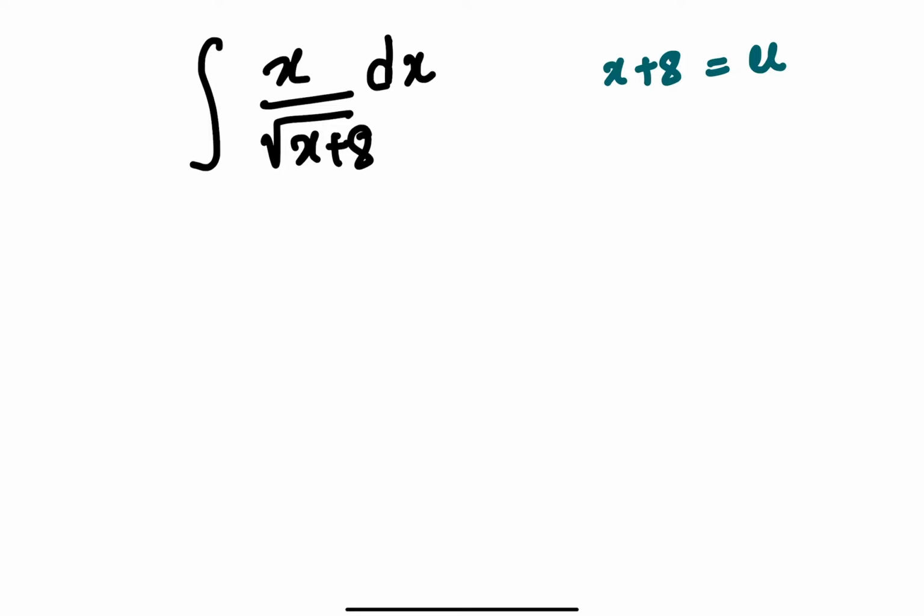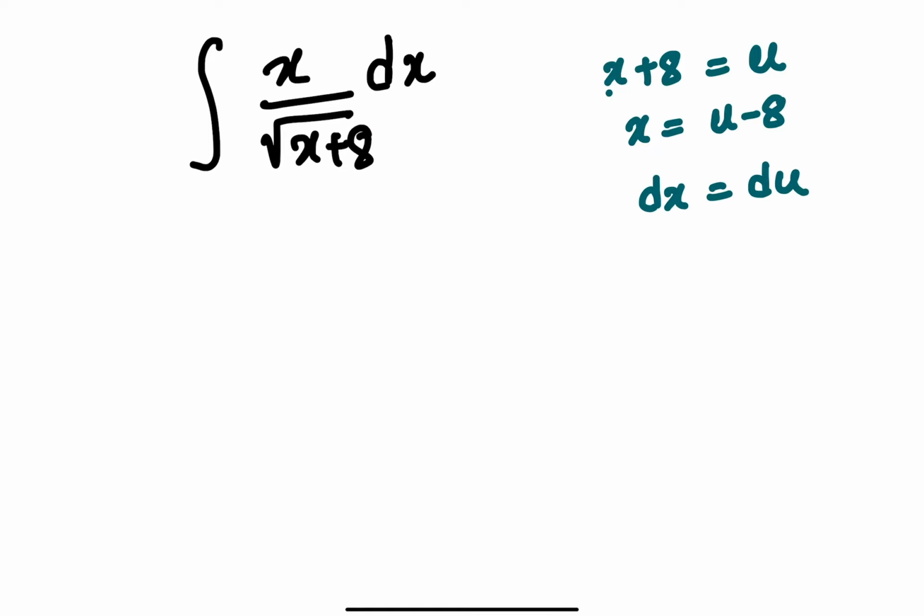You can take u, v, but in this textbook they use u, so you take u. So my x is equal to u minus 8. And if I find the derivative, derivative of x with respect to x is 1, derivative of 8 is 0, so I have dx is equal to du.